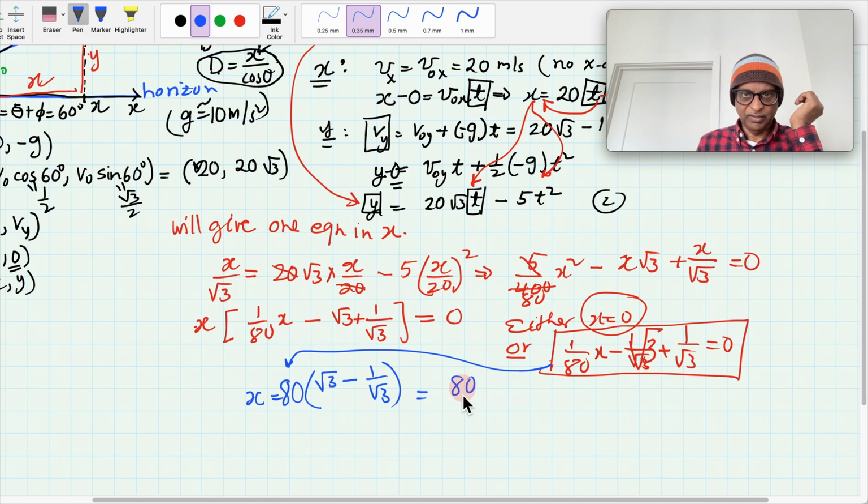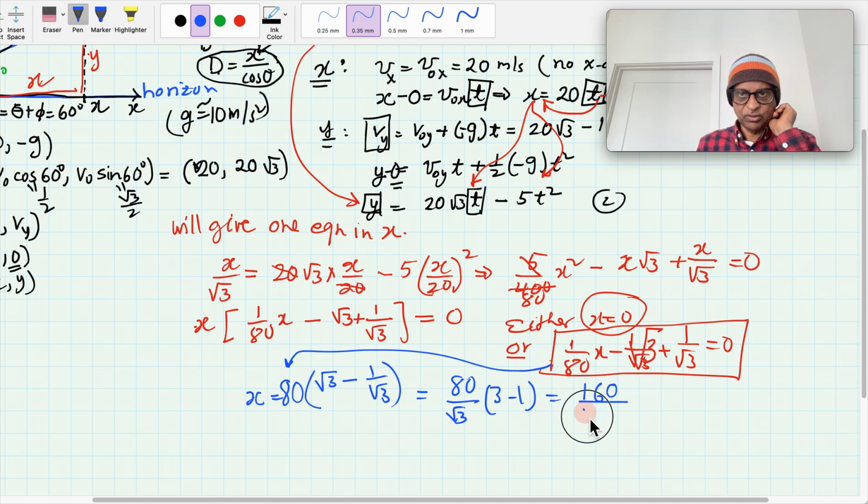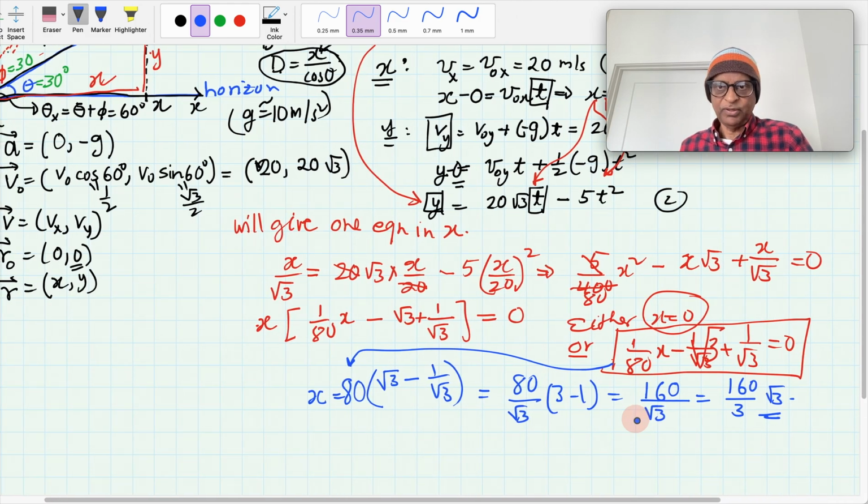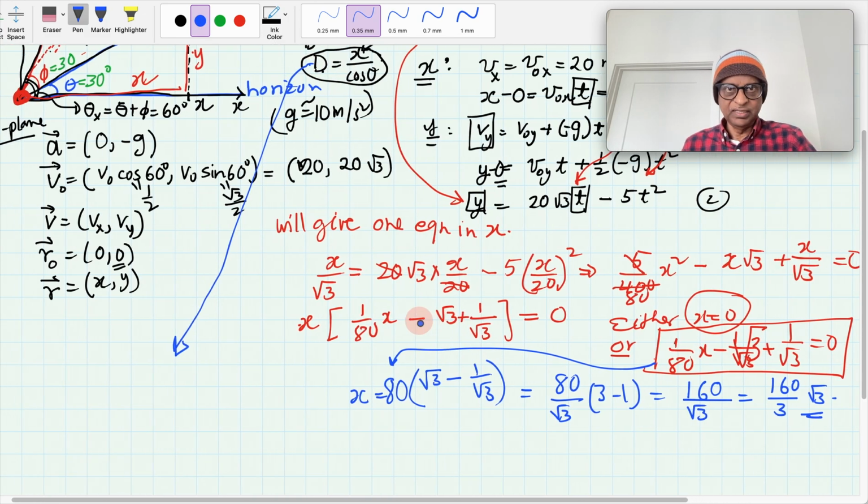So 80 over square root of 3 times 3 minus 1 is 160 over square root of 3, or 160 over 3 square root of 3. Normally you put the square roots in the numerator, if possible. So that's the x.